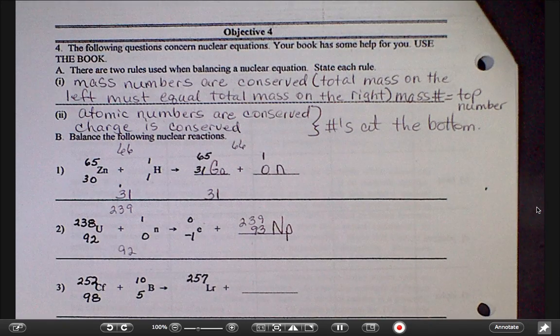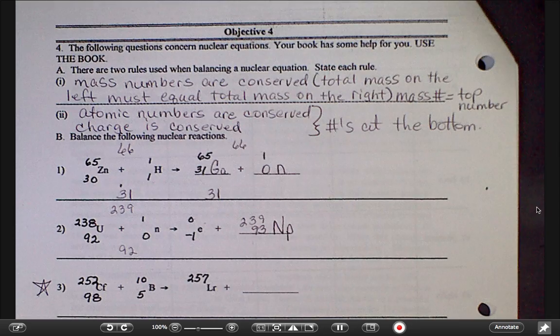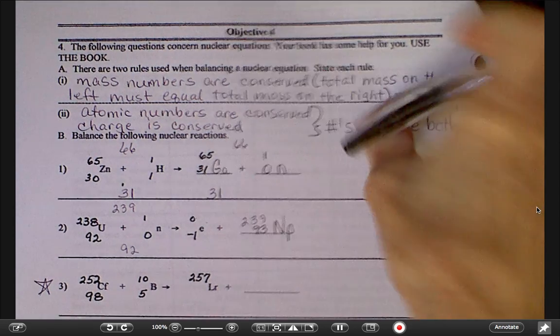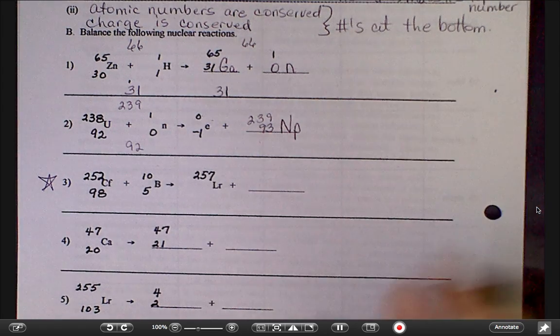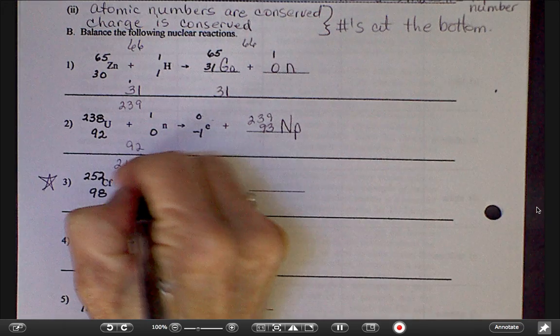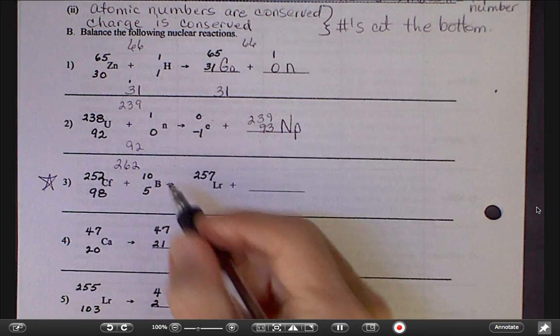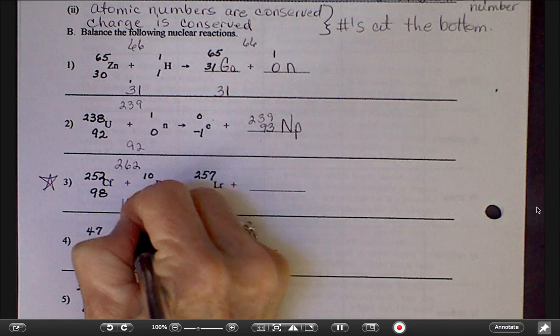Okay. Everybody hanging with me? Okay. Now this one has a little catch to it. It's still simple. Alright. So 252 and 10 is what? 262. And 98 and 5 is 103.